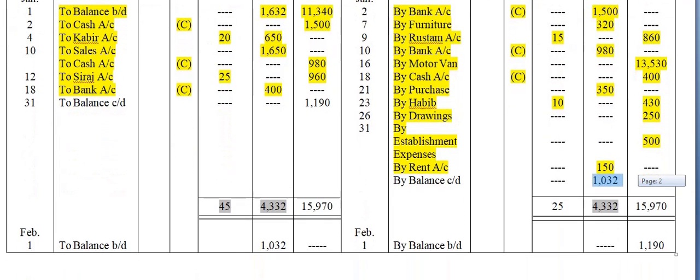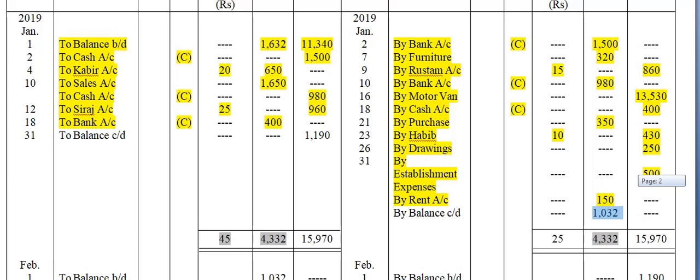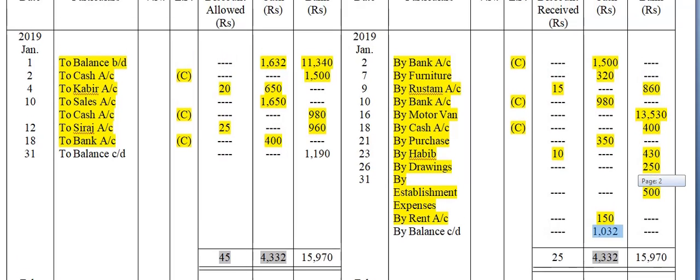Now for bank, it's quite interesting. First you will observe which side can be more, either the debit side or the credit side. Use the calculator and find the total, or just have a look at the work.